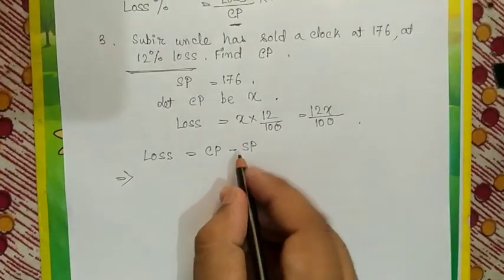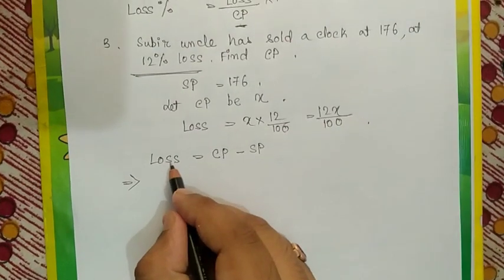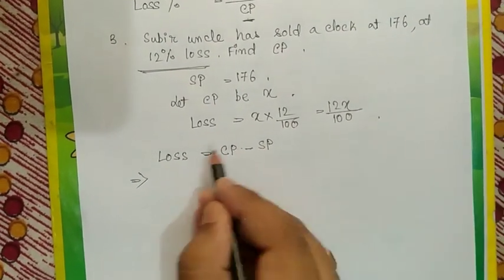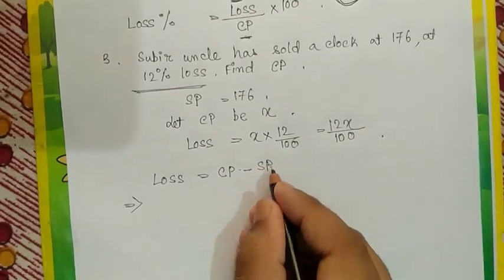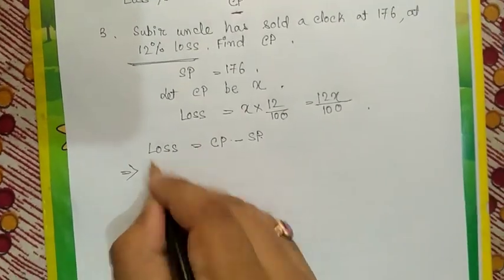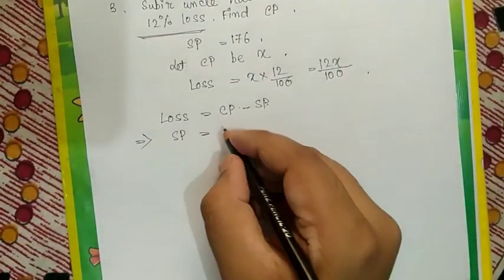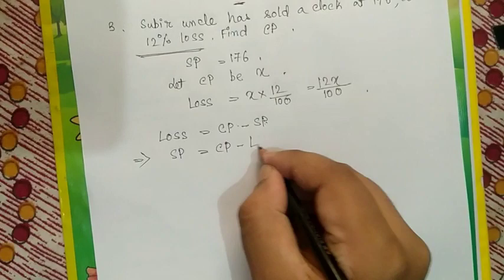So from here we can say loss from left hand side to right hand side and SP from right hand side to left hand side. So therefore SP equals CP minus loss.